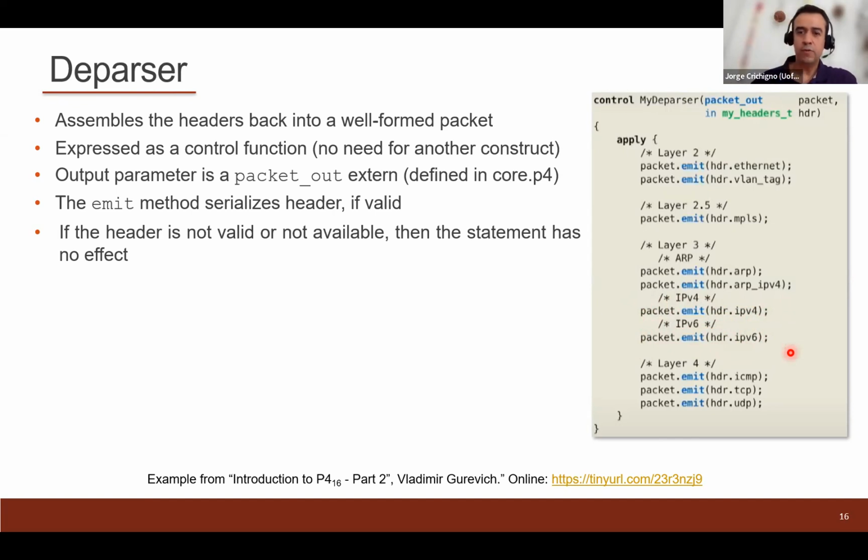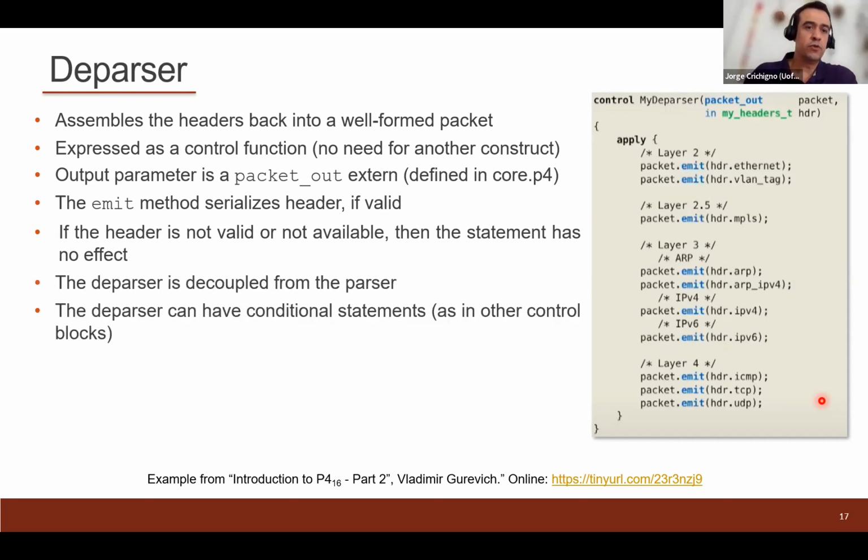In this example, something that we didn't do yet, notice that we're also emitting the layer 4 headers. This is not necessary if we don't parse layer 4. So in this example, the programmer was parsing and probably doing some manipulation over layer 4 headers, and therefore is putting them back. So the deparser is independent from the parser.